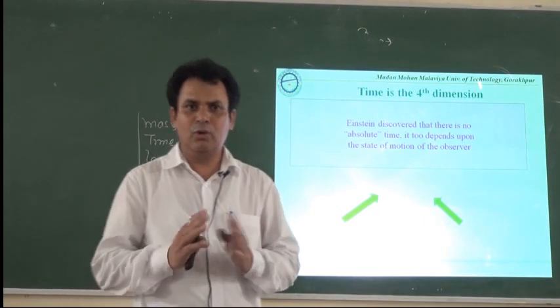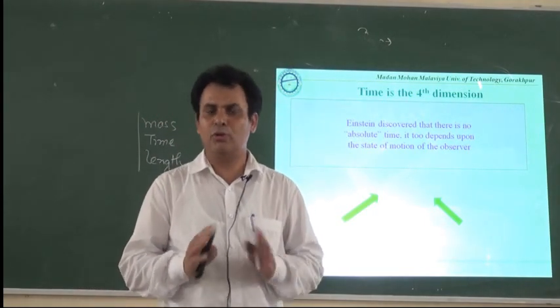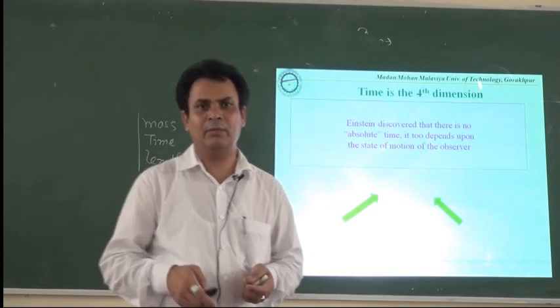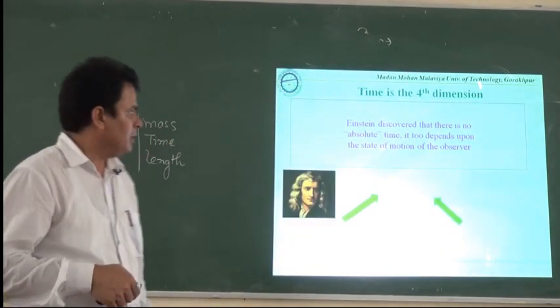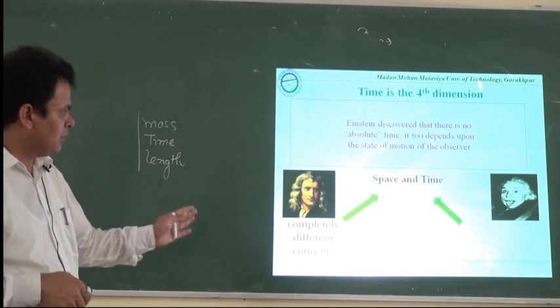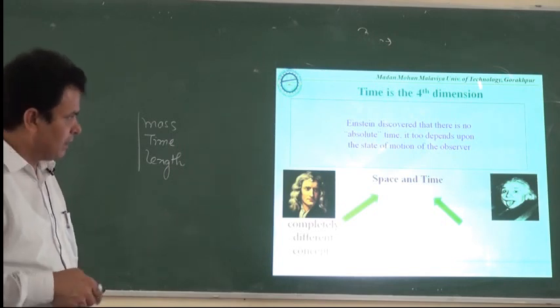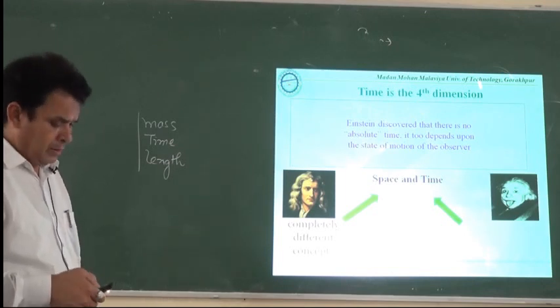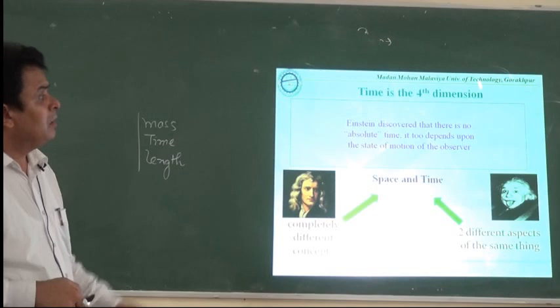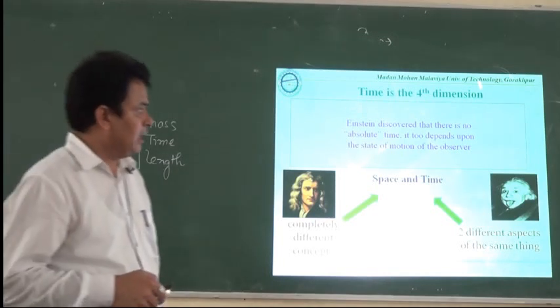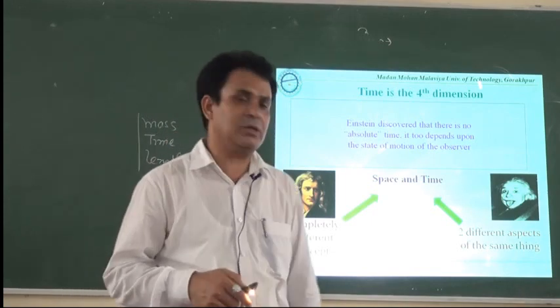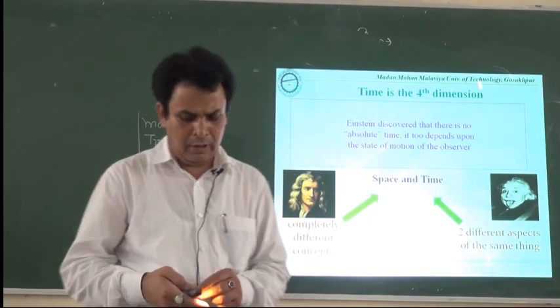There is no link, no relation, no dependence of space on time. So initially Newton suggested that space and time are completely different concepts, but very soon Einstein suggested that space and time are two different aspects of the same thing.